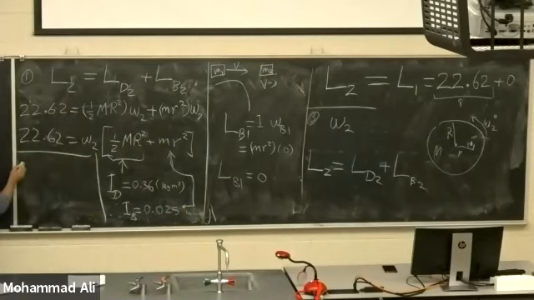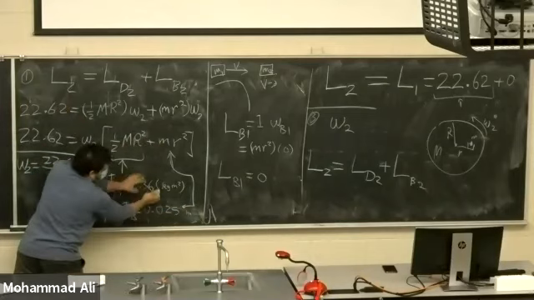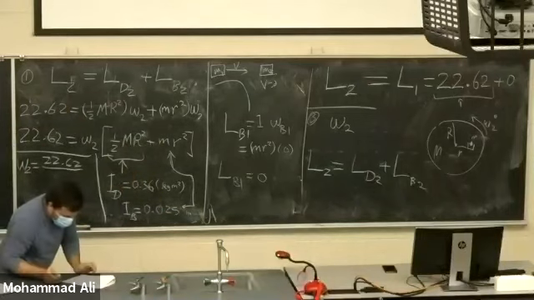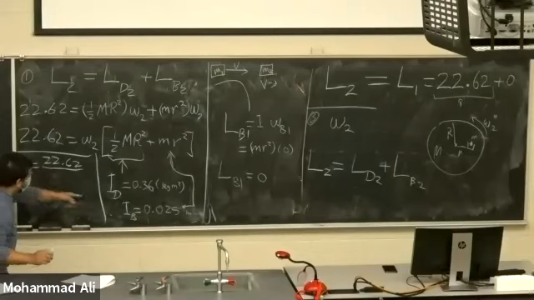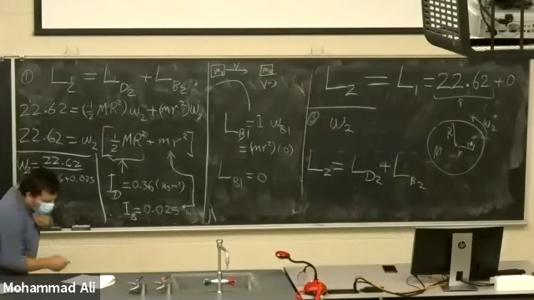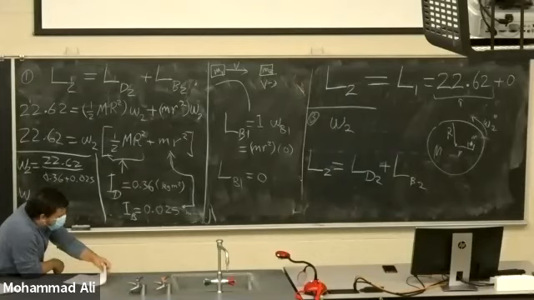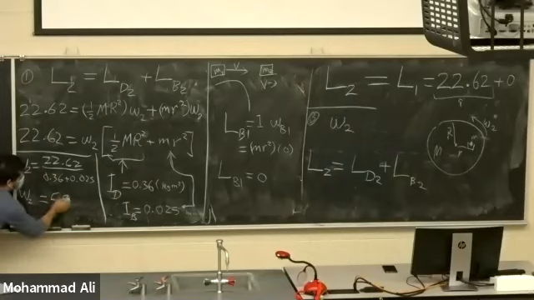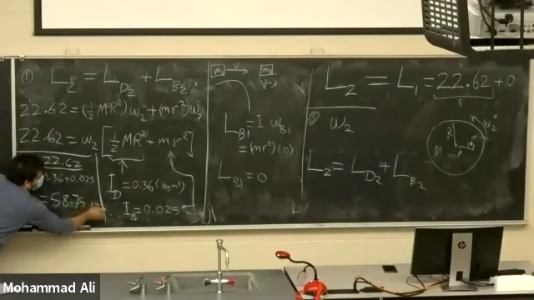So omega 2 is equal to this over this and this, which is 0.36 plus 0.025. Be careful now, it is just a pure number, 58.75 radians per second.